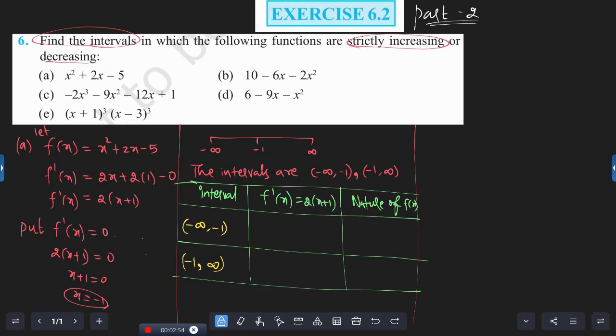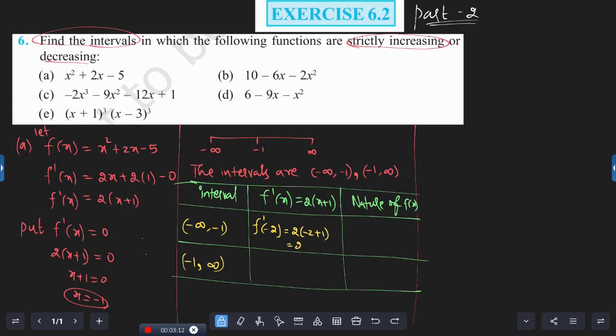From minus infinity to minus 1, what number will we take? An easy small number. f dash of minus 2 I will take. So 2 into minus 2 plus 1, what am I getting?